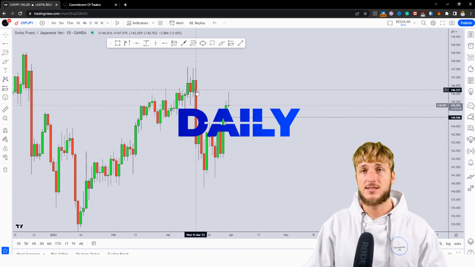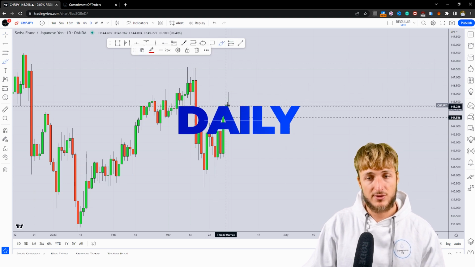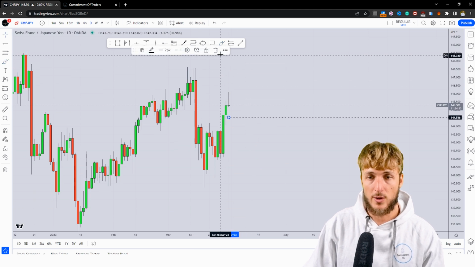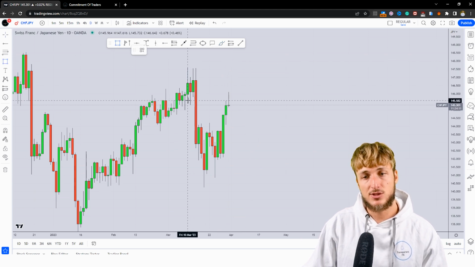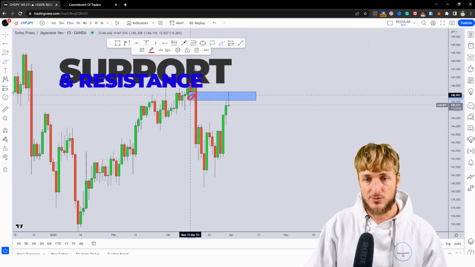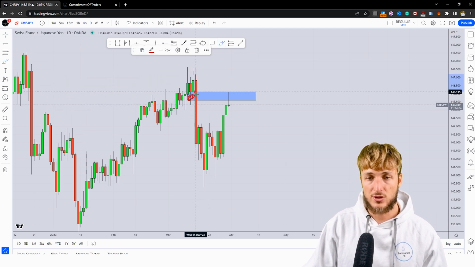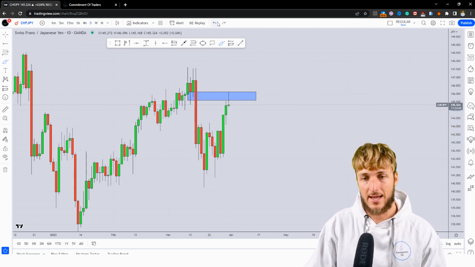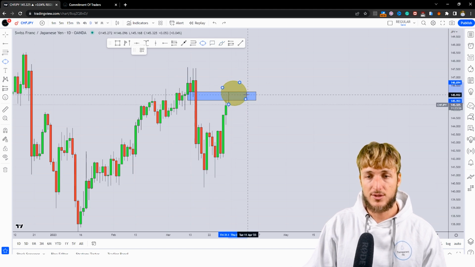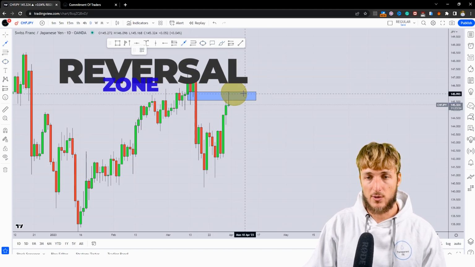Now, this makes the CHF weaker, meaning that there is definitely a possibility for a potential rejection to the downside away from this area, considering that this is also previous daily support from which the market created this rejection to the upside, which now that the market has broken it to the downside and is retesting it, is currently acting as resistance. So it definitely seems that with good probabilities, we could have a potential reversal away from this area.